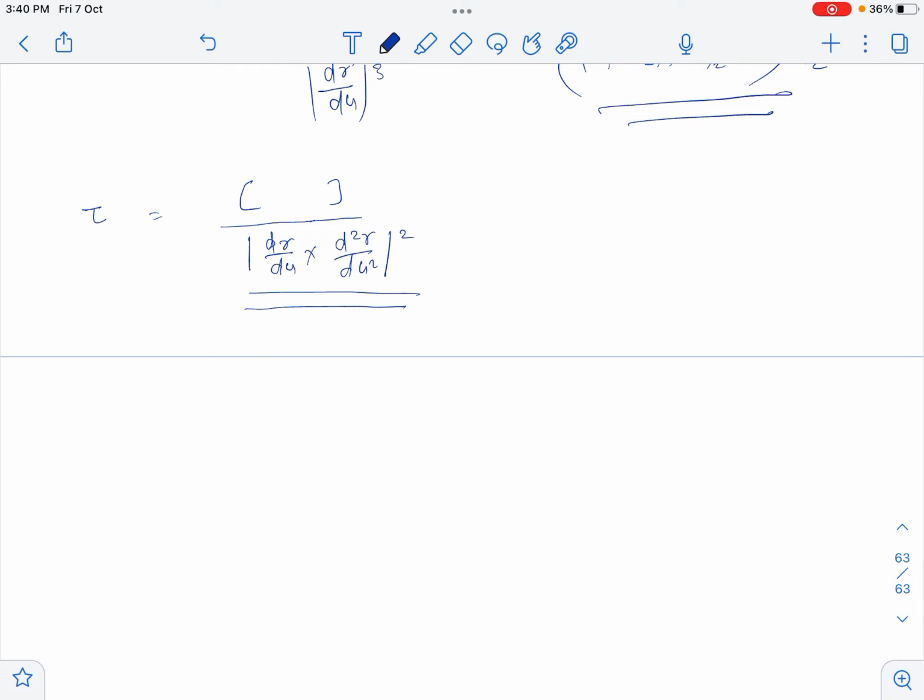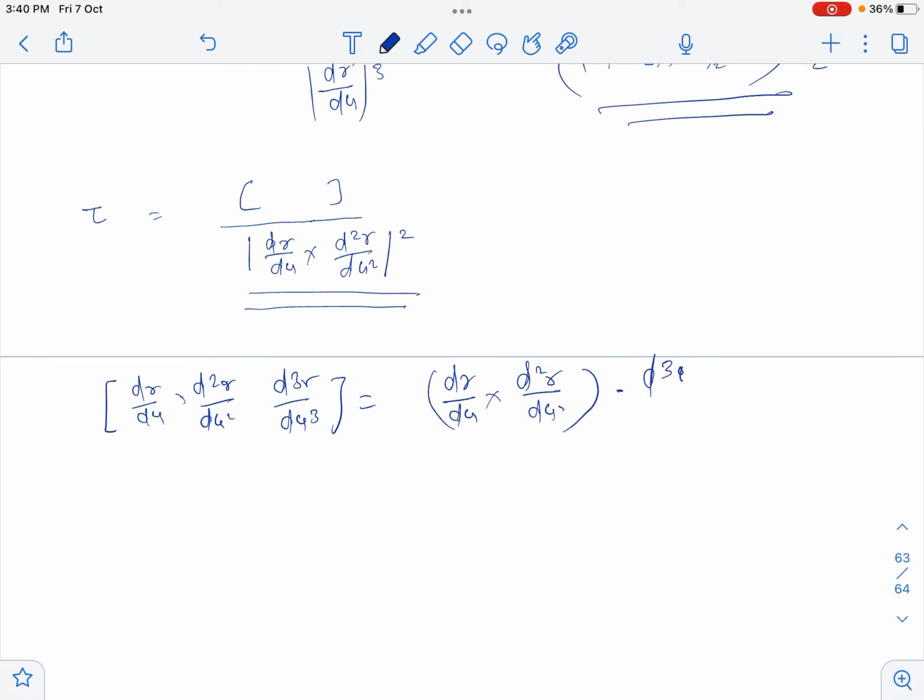So from equation 1 we already got this, and the triple product of dr/du, d square r/du square and d cube r/du cube is equal to the cross product of the first two, dr/du into d square r/du square, dot d cube r/du cube.